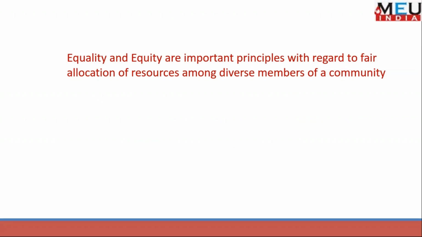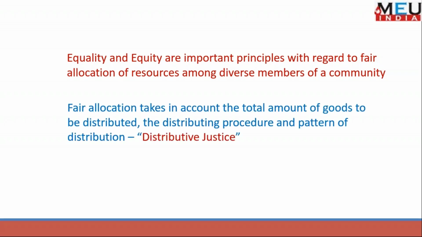Remember, in India, we are all different cultures and ethnicities, so it becomes more difficult when it comes to resource allocation, which brings us to the next topic, distributive justice. And what is this? Fair allocation takes into account the total amount of goods to be distributed, the distributing procedure, and the pattern of distribution. This is what is called distributive justice.